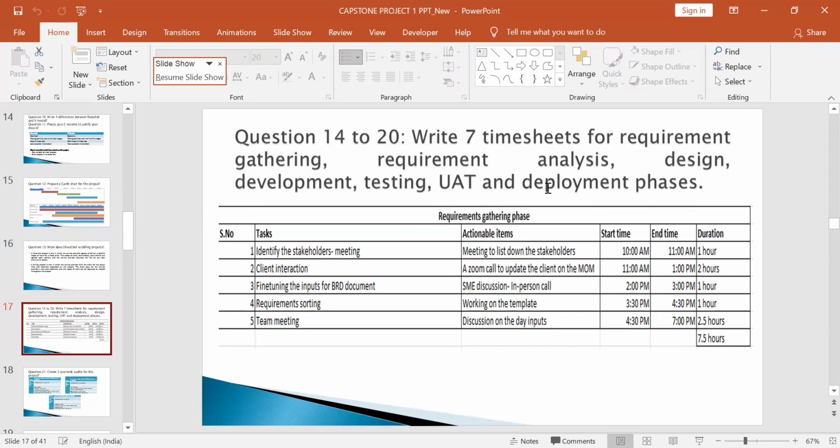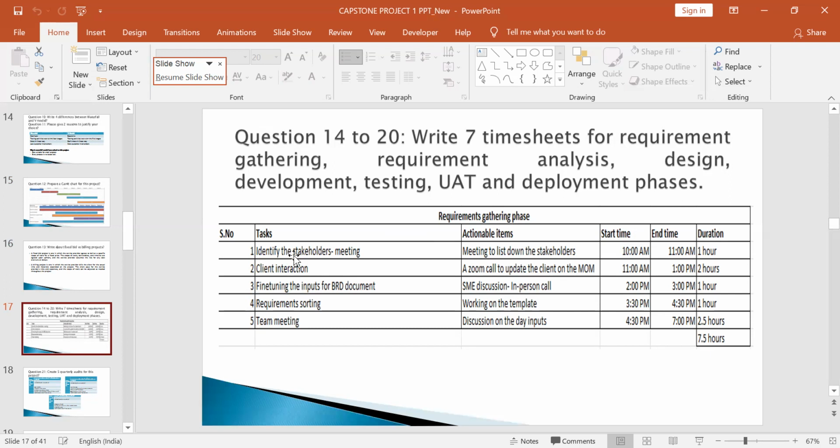See, for the requirement gathering phase, you have the serial number and the task. Whatever project you're getting, you have to add the required tasks or activities in the timesheet, and the actionable time: start time, end time, and duration. In requirement gathering, you worked Monday to Friday.